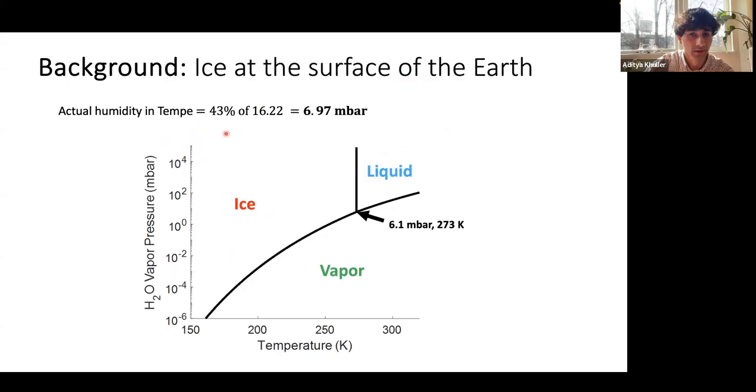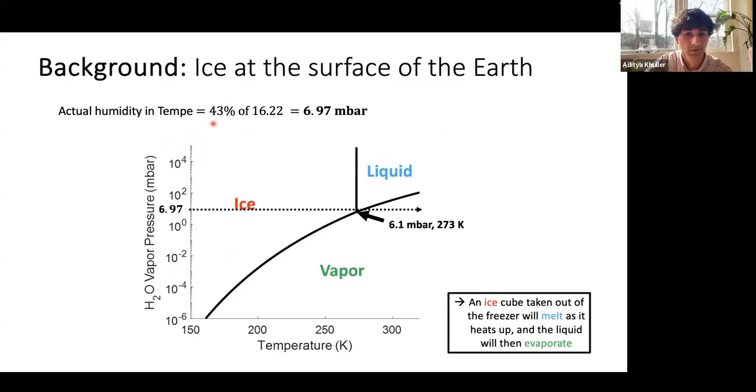But the actual humidity was about 43%. So if we plot that on the phase diagram, you take an ice cube out of the freezer and you put it on the table. As it heats up with 43% relative humidity in the near surface, it'll turn into liquid, and then you keep heating it up, and it'll turn into gas, so it'll evaporate. And that's consistent with what we see.